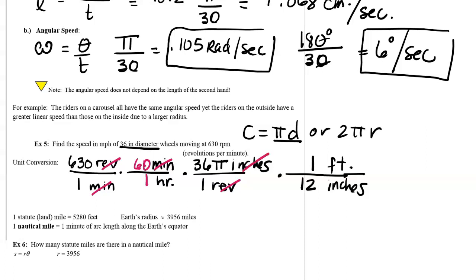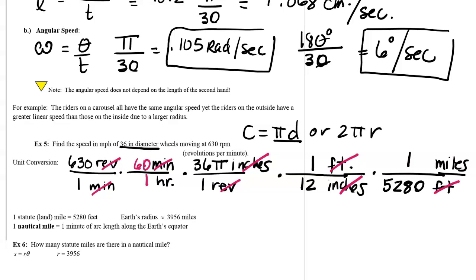And now you can see inches cross cancels with inches. We're going to convert feet to miles. I always remember there are 5 tomatoes, 5,280 feet in 1 mile. And so feet are going to cross cancel with feet.